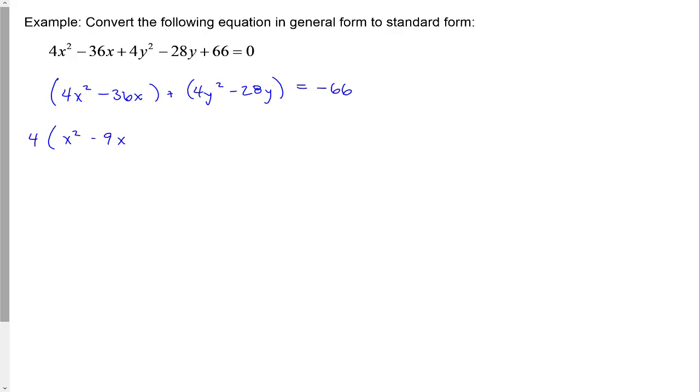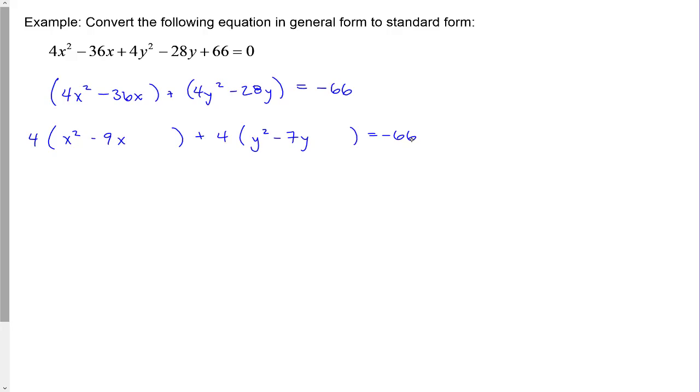And then I'll leave a little bit of space for completing the square. I'm going to do the same in the second set of parentheses, just factor out a 4, which will leave me with y squared minus 7y. And that equals negative 66.